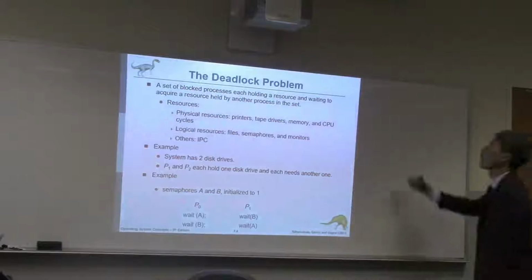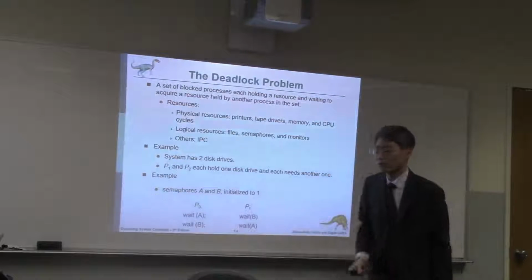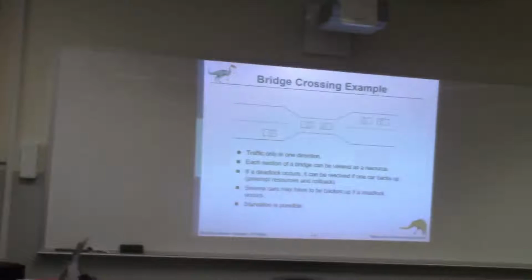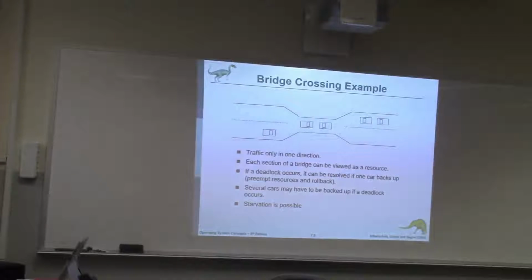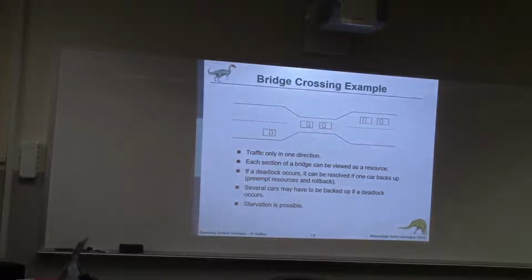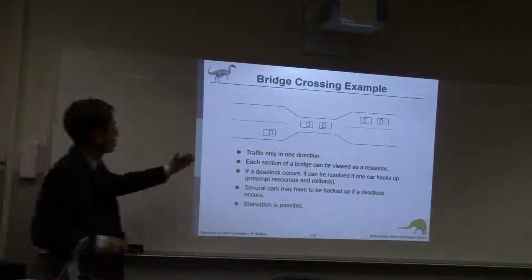Then we have multiple processes that consume the resources. This is one example of a deadlock situation, which means we have a shared resource. It's a bridge, and unfortunately it has only one way to cross, so they can meet each other. Solution.